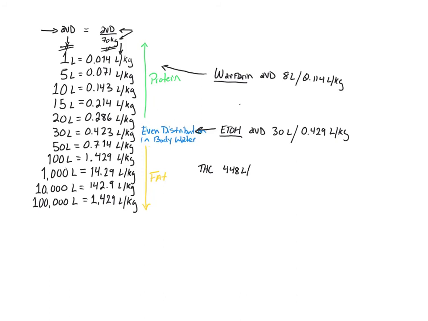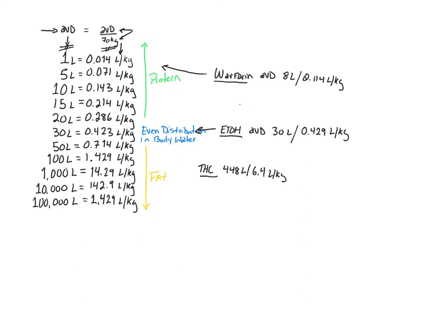In some cases the volume of distribution of THC changes somewhat, but in some cases it will have a volume of distribution of 448 liters in people that smoke a fair amount, and so we'll just assume that's the case, and that gives us approximately 6.4 liters per kilogram.